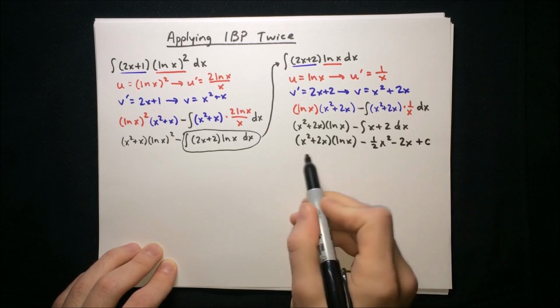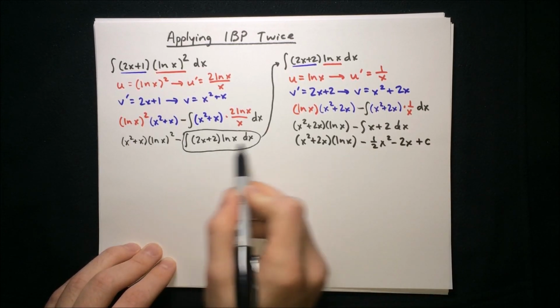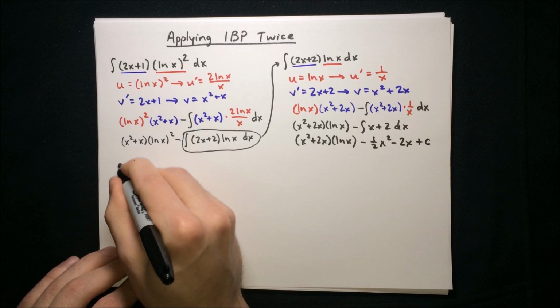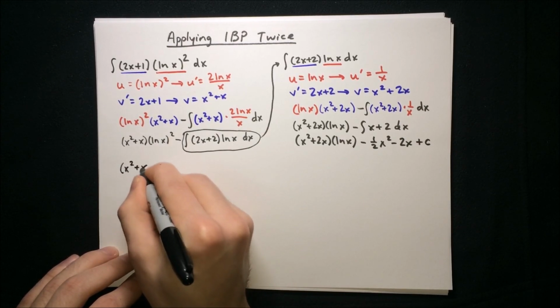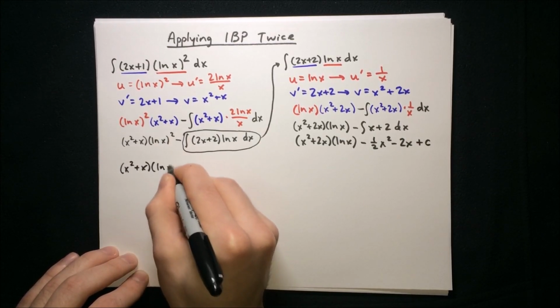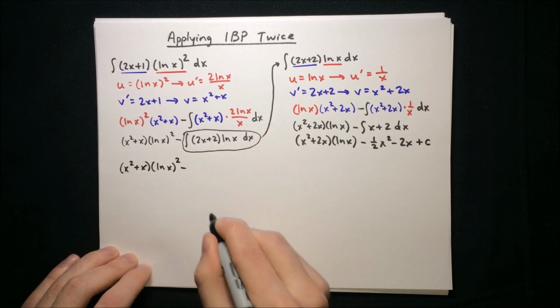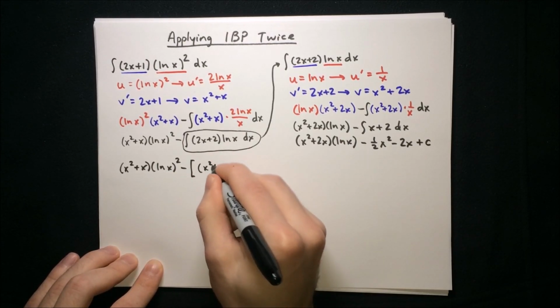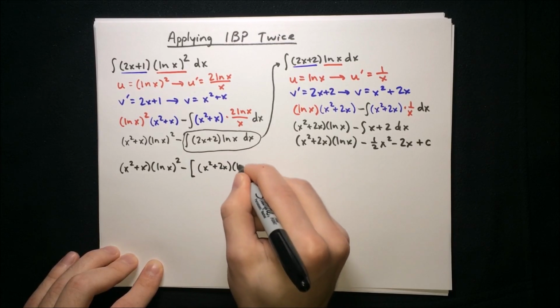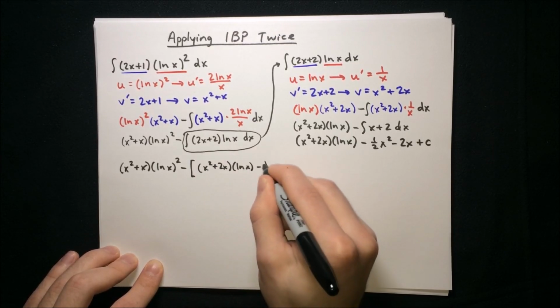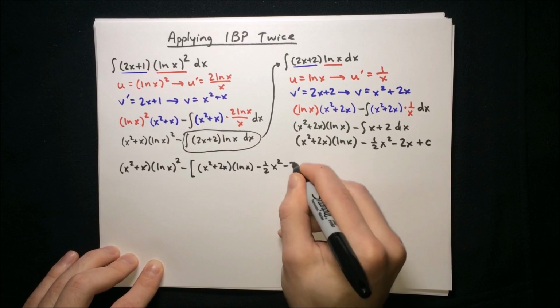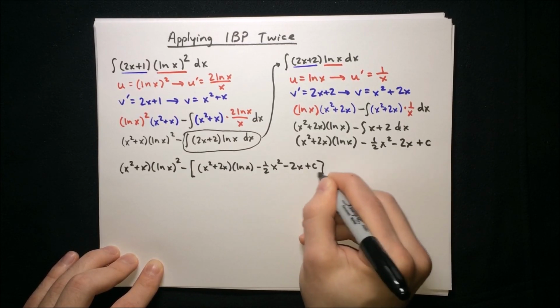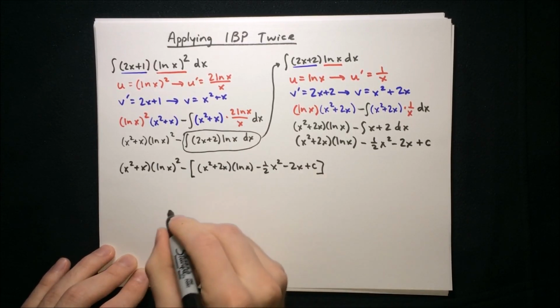So now this is what's going to go into this spot where we originally had the integral. So we've got x squared plus x ln x squared minus all that stuff, x squared plus 2x ln x minus a half x squared plus 2x plus c, and then we'll just distribute the minus sign.